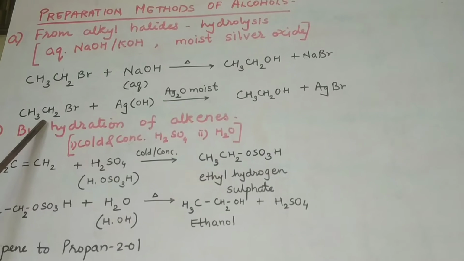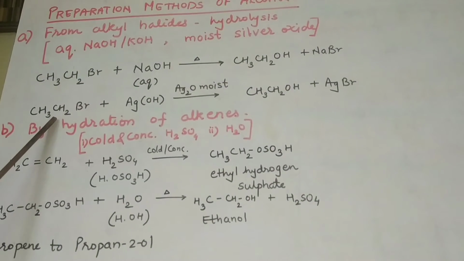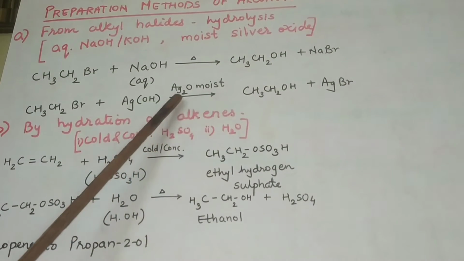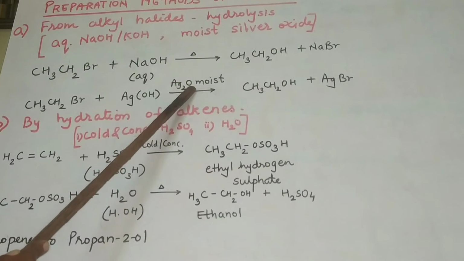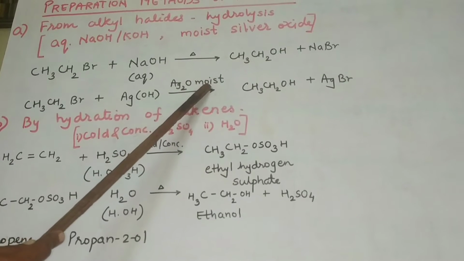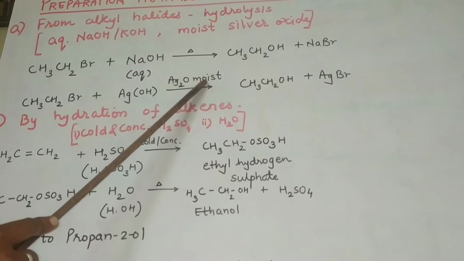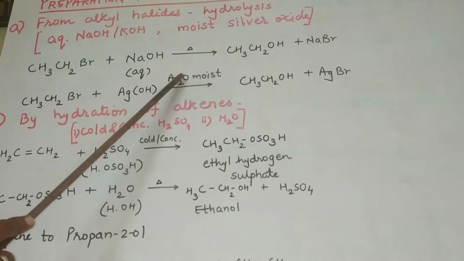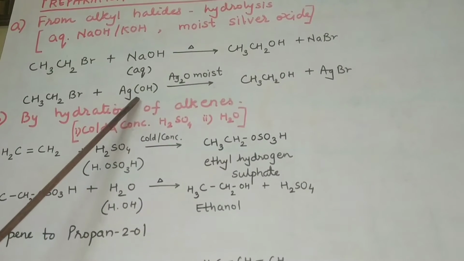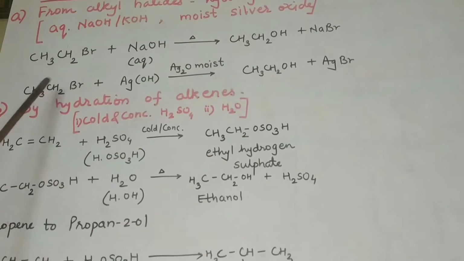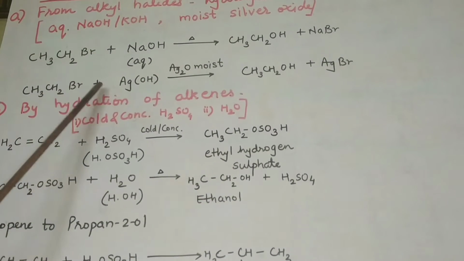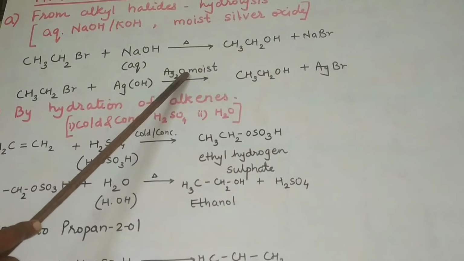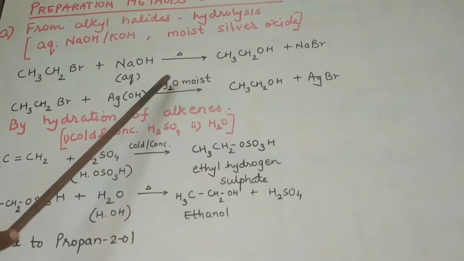In the other reaction we are going to use moist silver oxide, which has the formula Ag2O. As it is moist, it contains water in it. Water and silver oxide together produce silver hydroxide. So ethyl bromide is treated with moist silver oxide. This is the formula of silver oxide, and what do we get due to moist silver oxide?